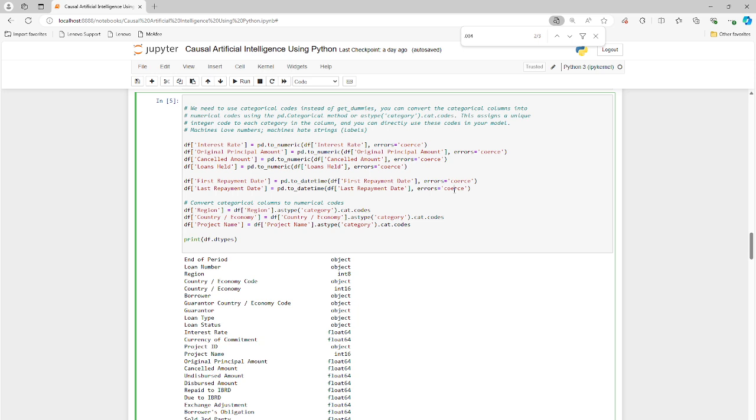And we're converting region, country, economy, and project name into a category, so the computer can easily understand what these are. The computer doesn't know what United States, Canada, Spain, France, and Italy is. It has no idea what those things are, right? But if you take those countries and convert those into categorical codes, 1, 2, 3, 4, 5, it can start to understand what those things are.